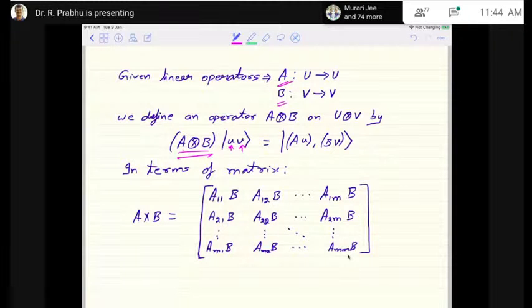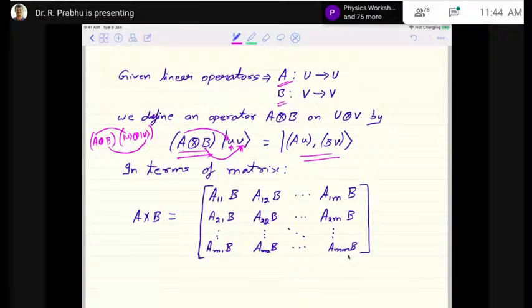Remember, A will act only on u, B will act only on v. So if you want to break this, it is A tensor product B multiplied with u tensor product v. Therefore A should go with only u, B should go with v.